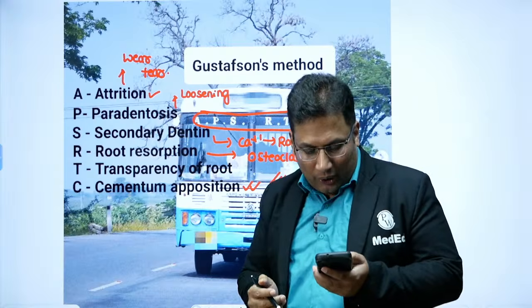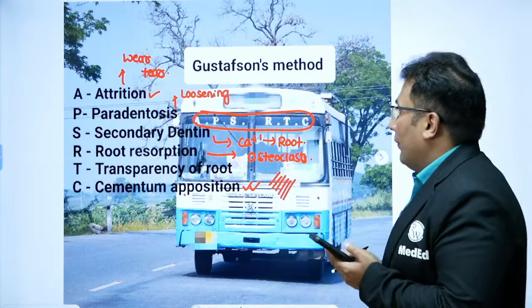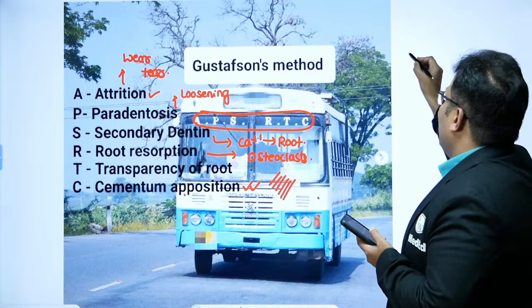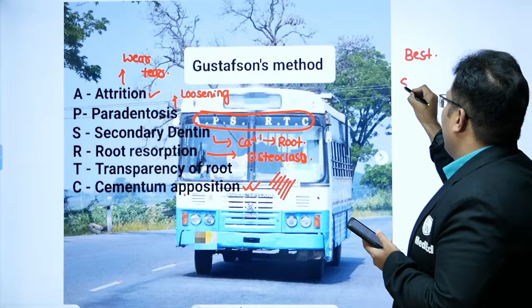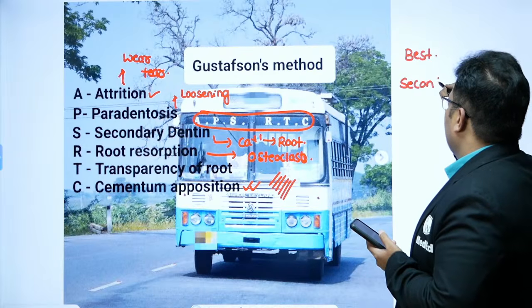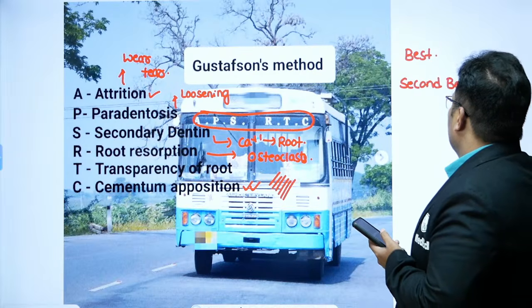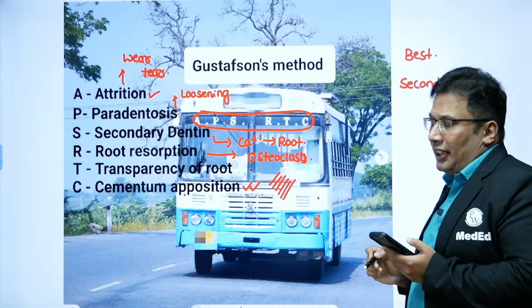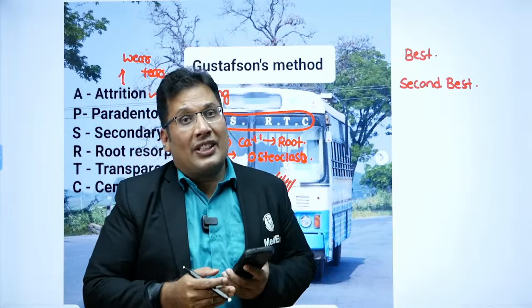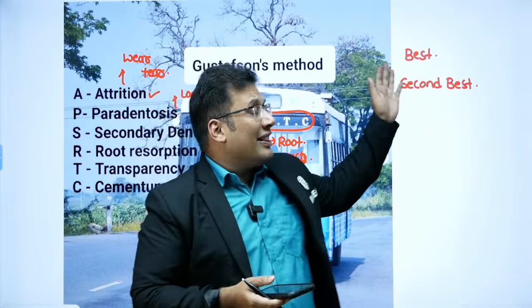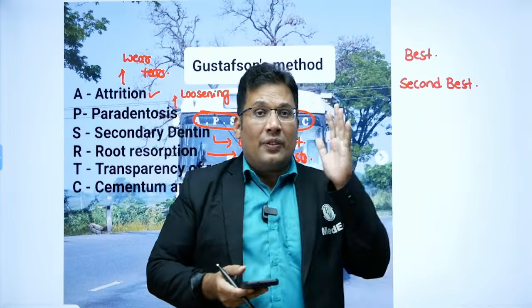APSRTC. So good. Now my question is, which is the best criteria? Which is the second best criteria? Very commonly asked MCQ, very commonly asked in university exams. The best criteria is transparency of root.